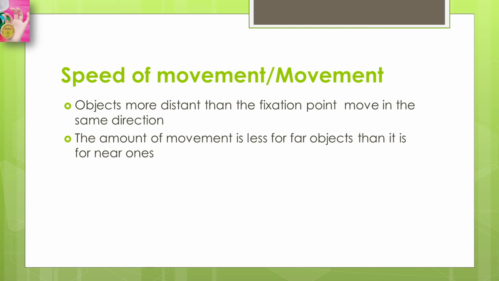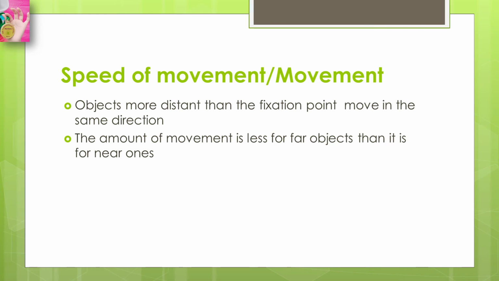On the other hand, objects more distant than the fixation point move in the same direction as your head moves. The direction of movement of objects when we turn our heads can be a cue for the relative distance of objects. Furthermore, the amount of movement is less for far objects than for near ones. And we do not usually think about this though we experience it unaware.